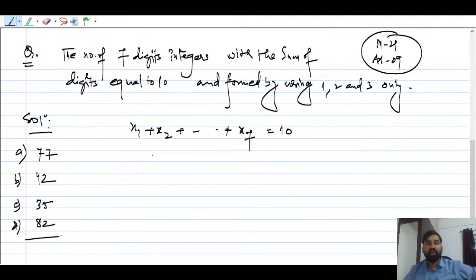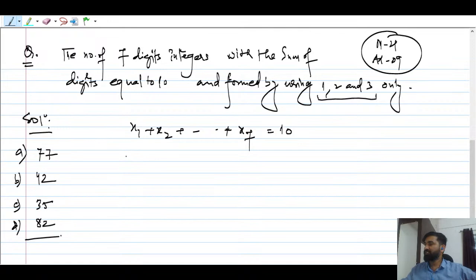Now how many cases can you have, because you have only these 3 choices, 1, 2, 3. Using these digits you have to form a 7-digit integer. What are the cases that you can form?